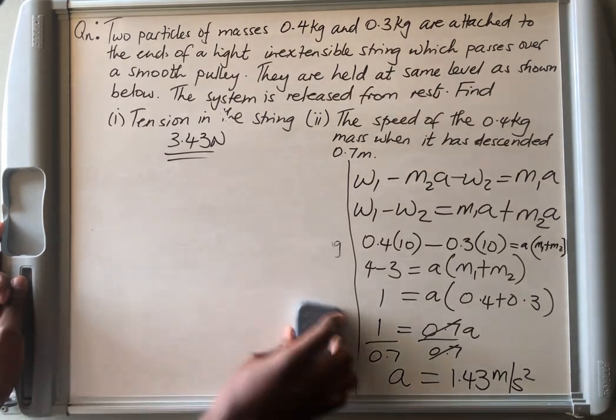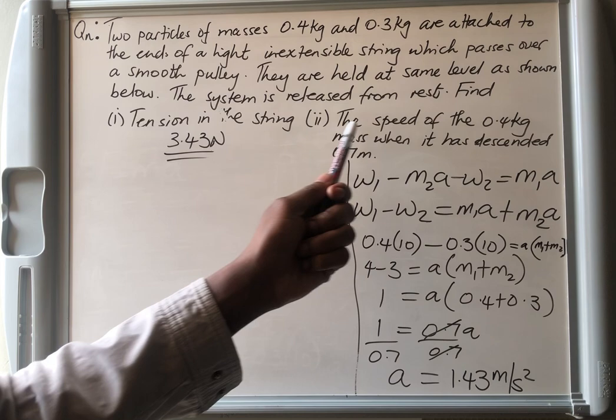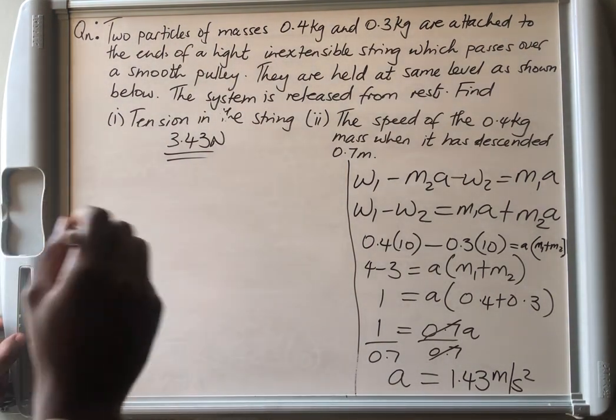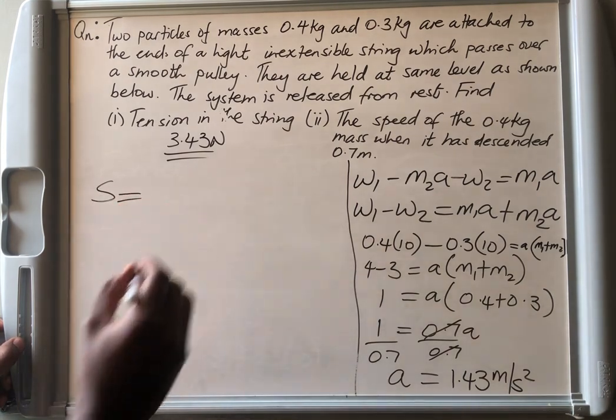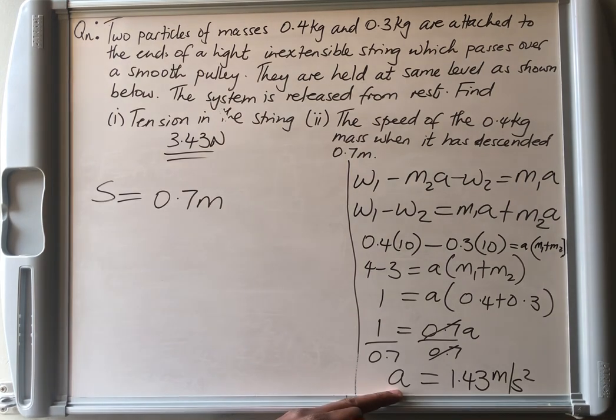Then for item 2, which says calculate the speed of 0.4 kg mass when it has descended 0.7 meters. So we know for the fact that when it has descended 0.7 meters, our S, or the displacement, is 0.7 meters. We have quite a lot of things here.